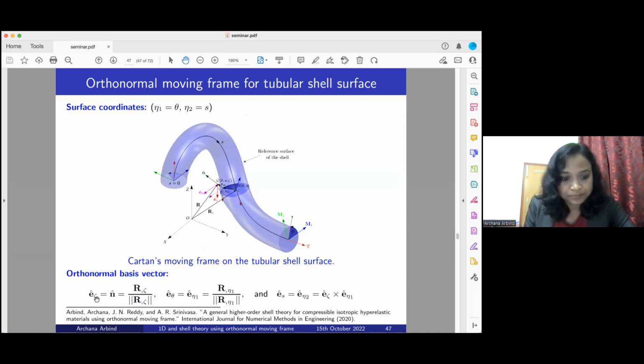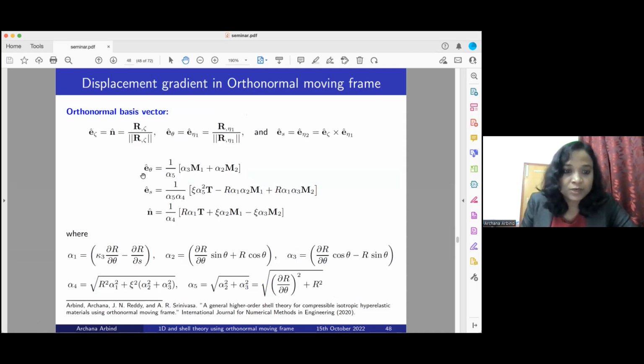The orthonormal basis vector is given by this formula, and we derive E theta, Es, and N in terms of the basis vectors of the hybrid frame, T, M1 and M2, and the radius variation with respect to theta and S is given. So all these things are given for a given geometry.